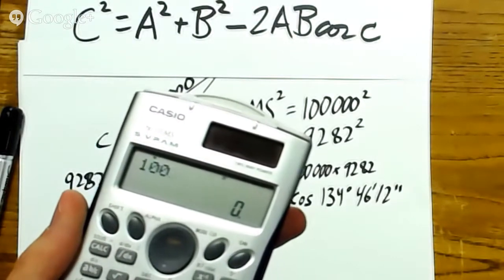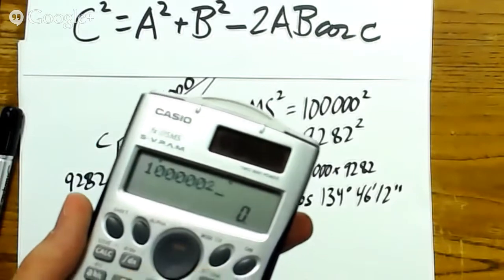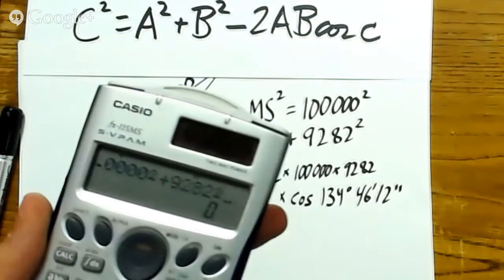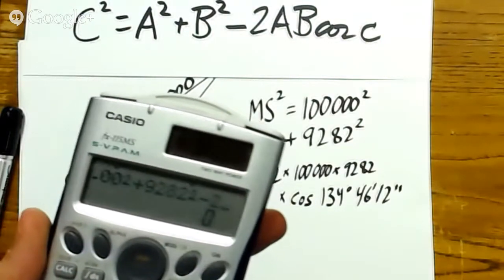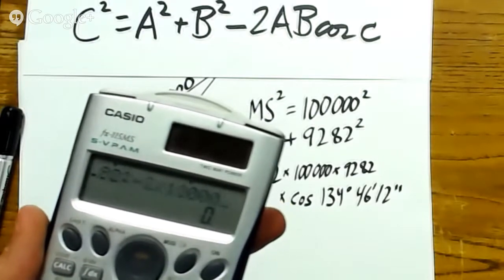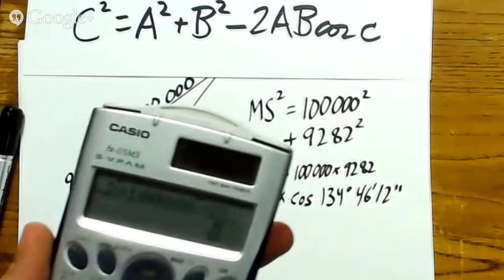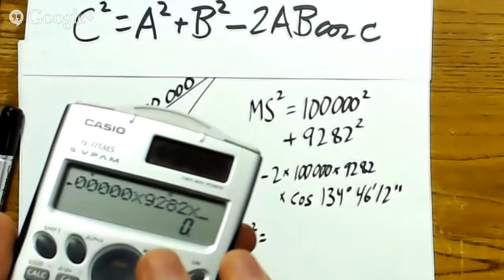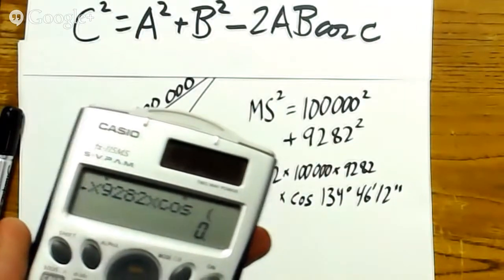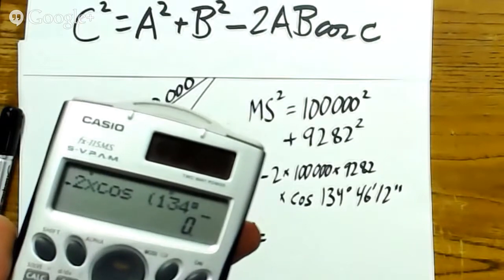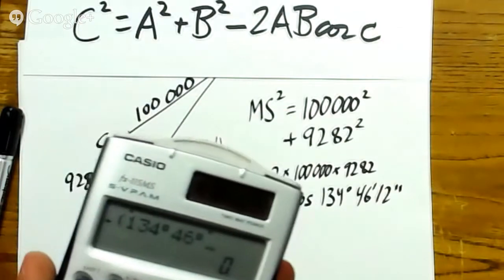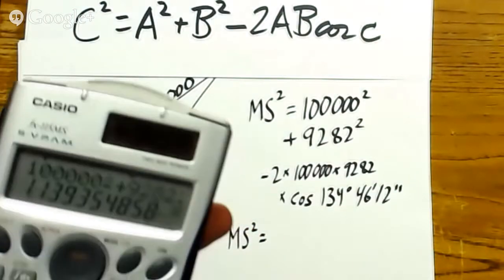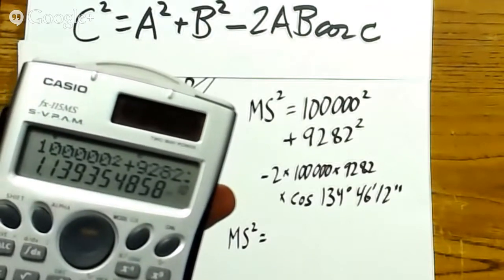So 100,000 squared plus 9282 squared minus 2 times 100,000 times 9282 times cosine of 134 degrees, 46 minutes, 12 seconds. Some big number.